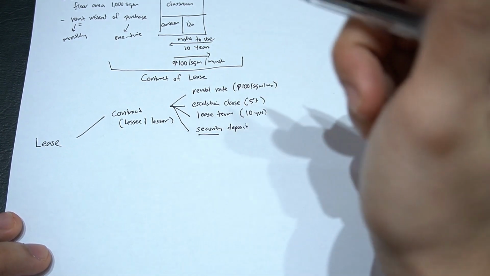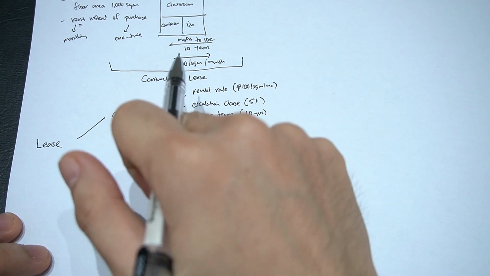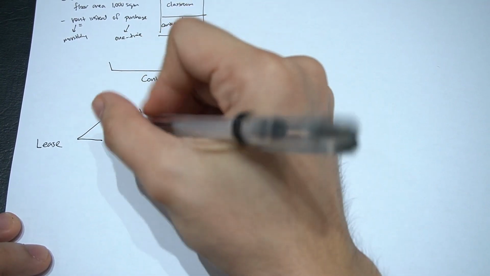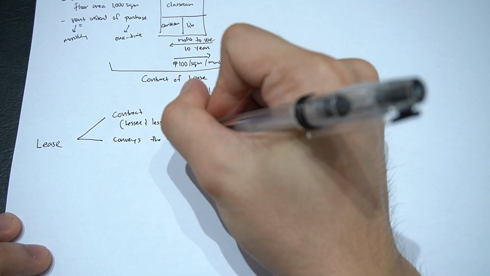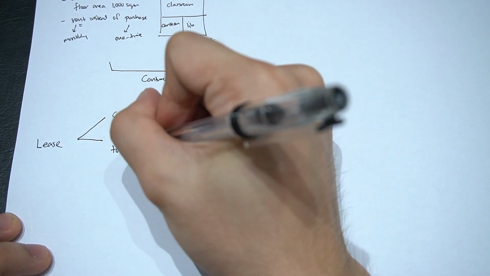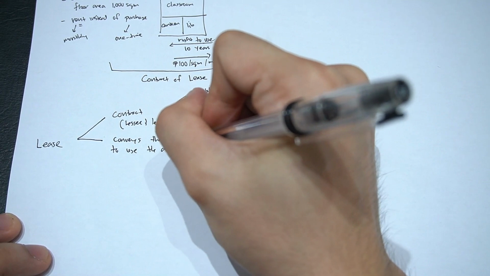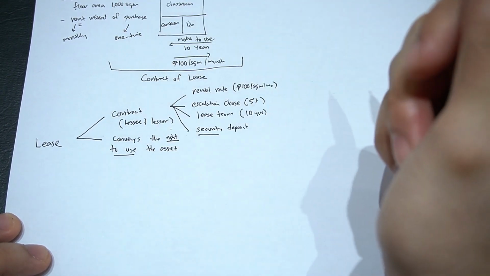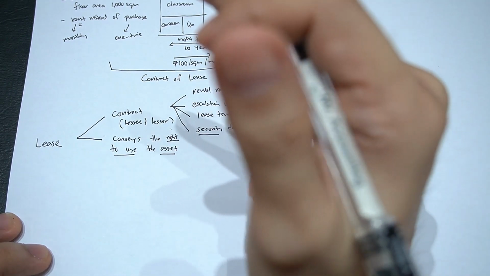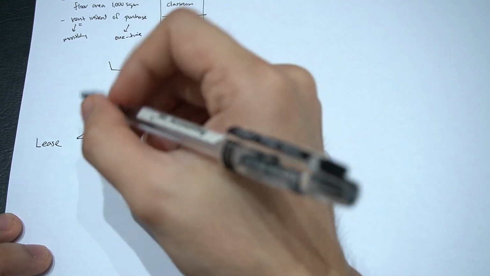Alright? Now, a lease is a contract that conveys the right to use the asset. Okay, so alam natin yung may right to use na kay lessee na. Tama? Yung asset in our illustration is the 3-story building.